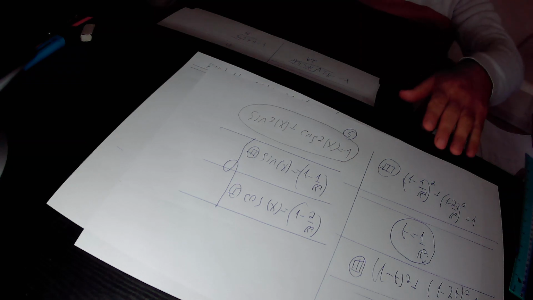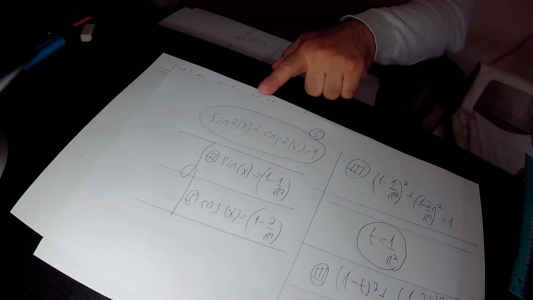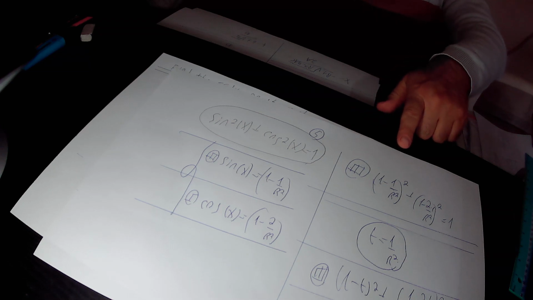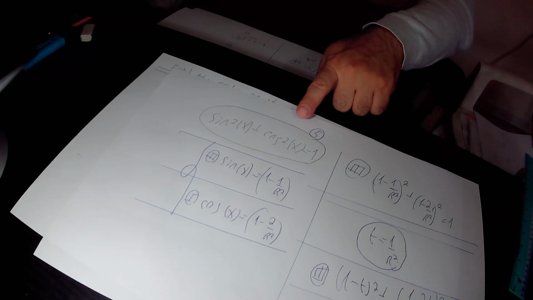We did it, and found that sine x according to equation 2 is 1 minus 1 over r squared. Therefore sine squared x will be equal to 1 minus 1 over r squared, squared, plus cosine squared x.